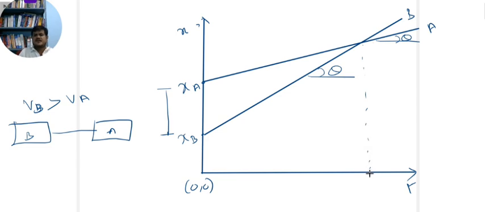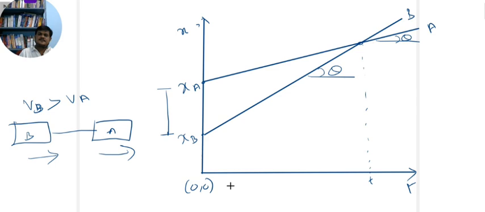When the two vehicles move in the same direction, this is the point where they meet each other and overtake. This much time is what the B object takes to overtake the A object.